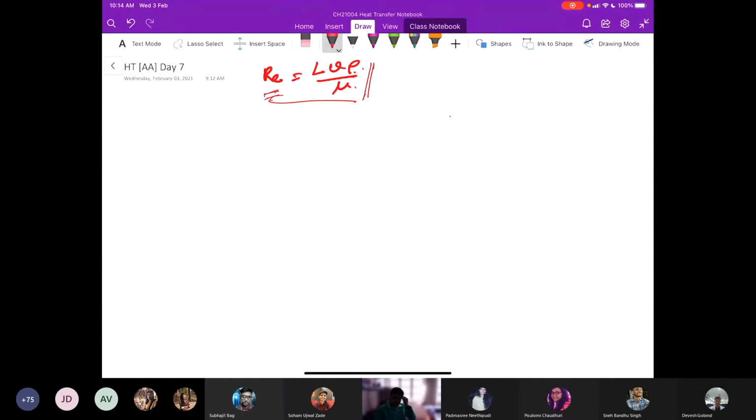So for that, the governing equations that we have seen for the boundary layers, we non-dimensionalize.